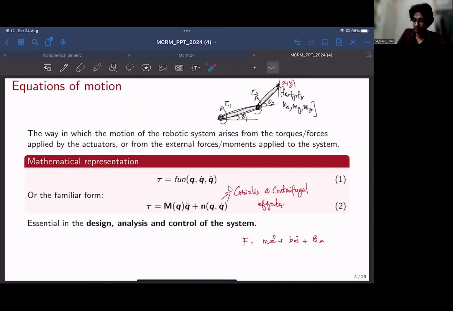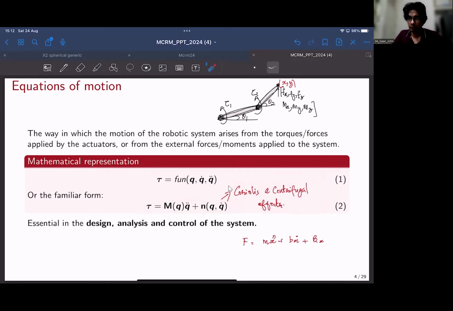If you take the specific case of a 2R robot, the tau vector would be a 2 by 1 vector comprising tau 1 and tau 2. The mass matrix would be a 2 by 2 matrix. Q double dot is the vector of accelerations of the joint variables, theta 1 double dot and theta 2 double dot. And N is a vector of Coriolis and centrifugal effects. How to derive each and every component of this equation, we will see in the later slides.